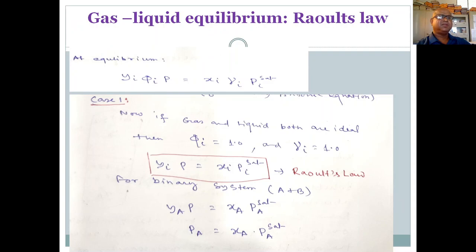Generally when pressure is low, Raoult's law is sometimes applicable. But for liquid this is different. And for a binary system, yA P equals xA PA sat, or PA equals xA PA sat. So this is your Raoult's law. But keep it in mind, Raoult's law is applicable when gas and liquid both are ideal.